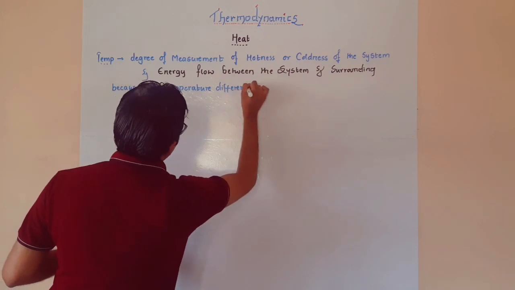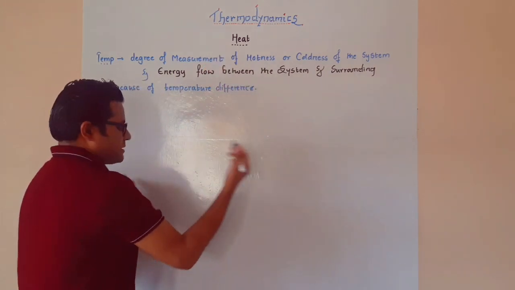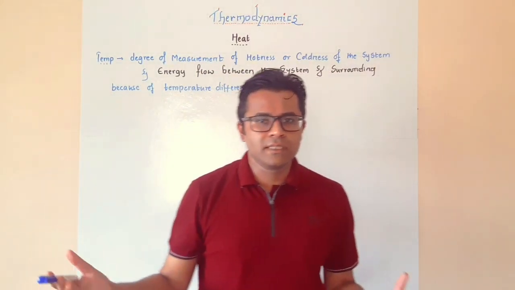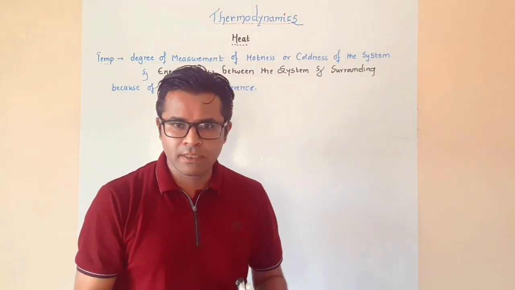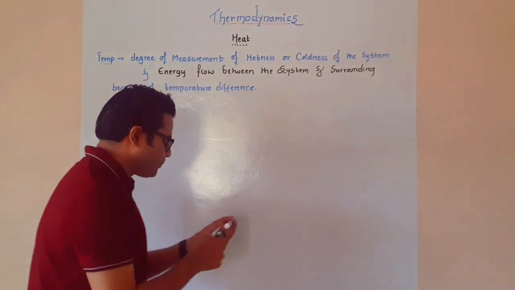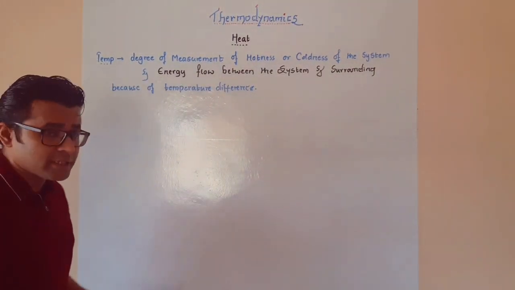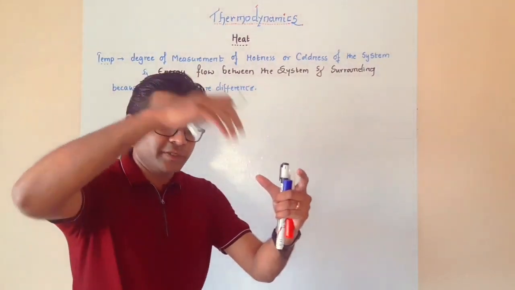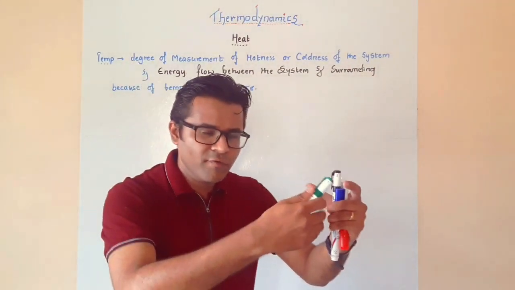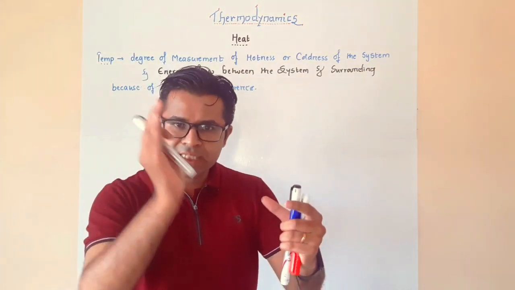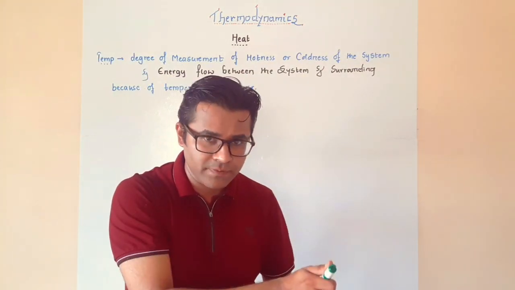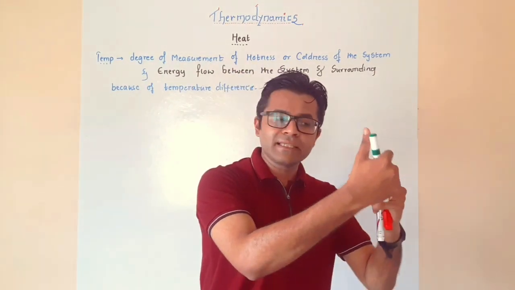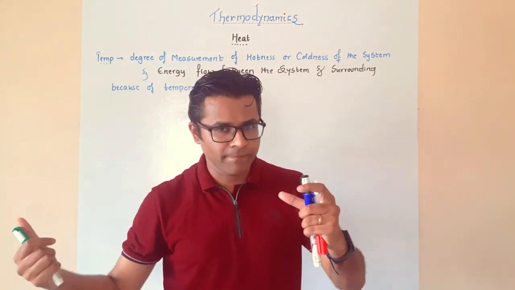As there is a temperature difference, the heat usually flows. So now there are two possibilities. Either the energy enters into the system or the energy flows outside the system. The same applies to heat: either the heat flows into the system or the heat flows outside the system.